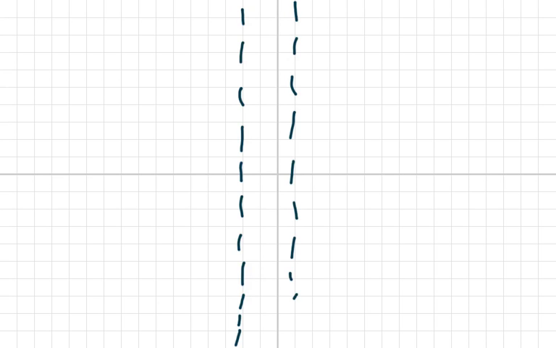And the last step is we're going to graph this. So I graph my vertical asymptotes at x equals negative 2 and x equals 1. I had a horizontal asymptote at y equals 0.